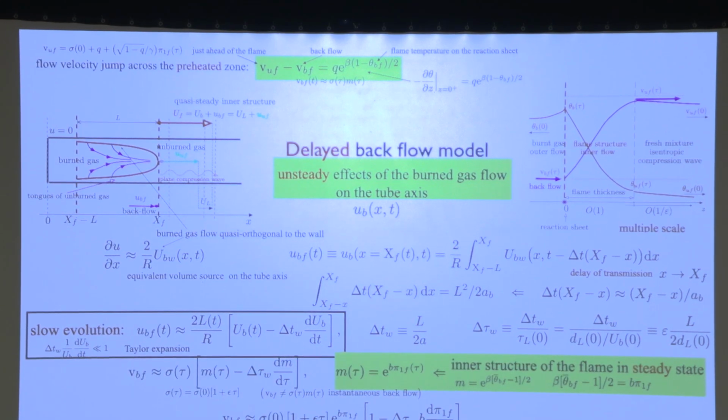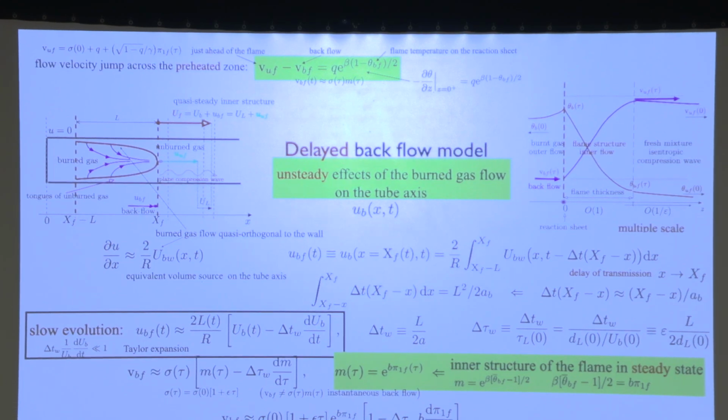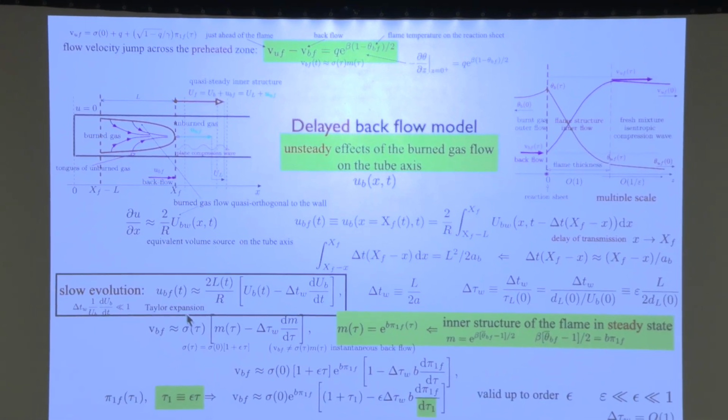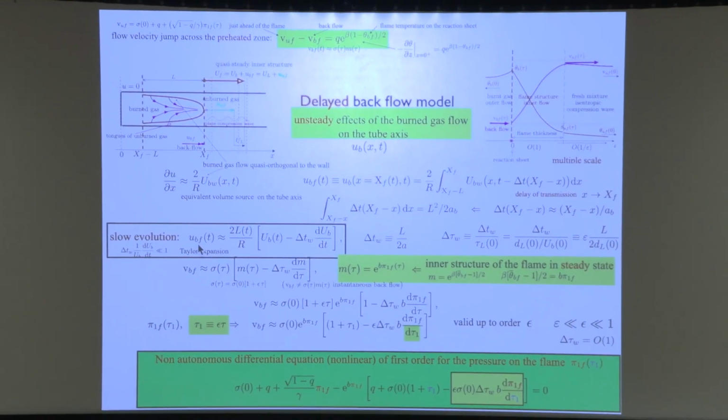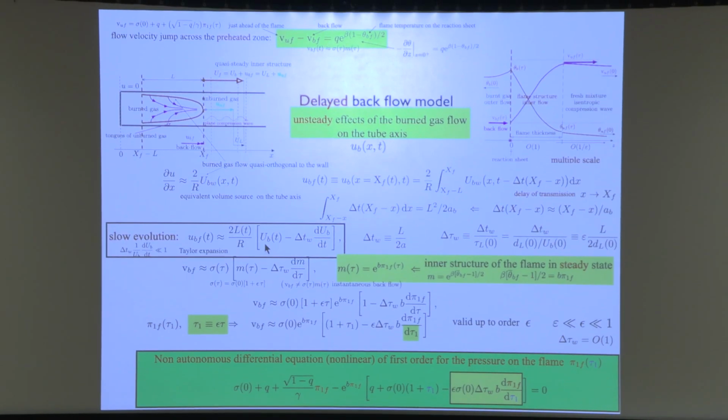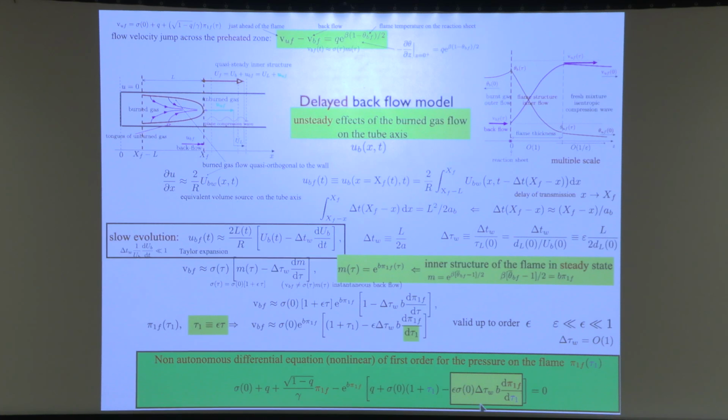And to make a long story short, the additional mechanism, delayed backflow, introduced in the expression of the backflow in terms of the burned gas velocity, is a time derivative term.